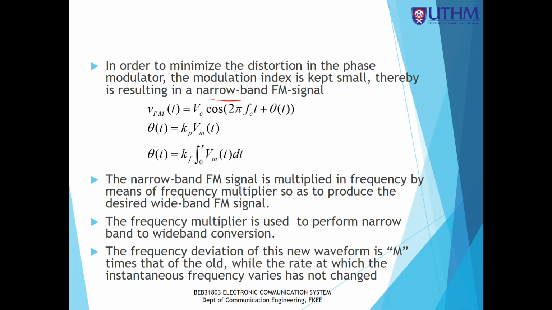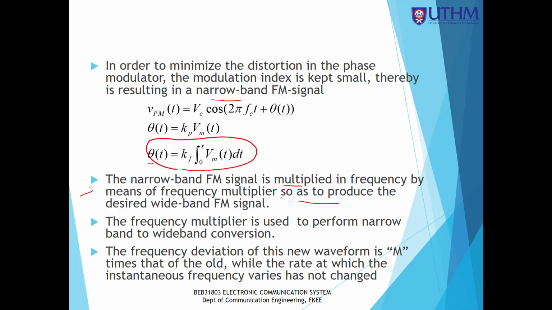Remember that it is firstly integrated. This is the integration process of the input modulating signal, and then we multiply it with the carrier signal to produce a narrowband FM.